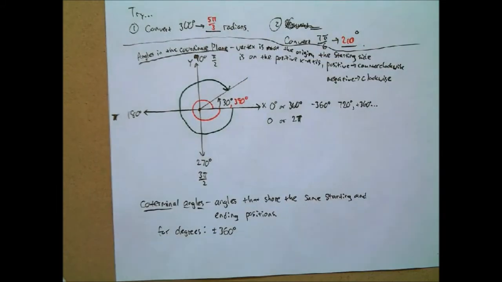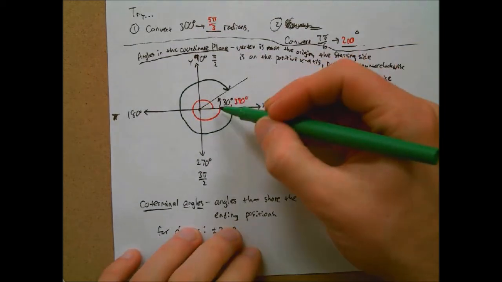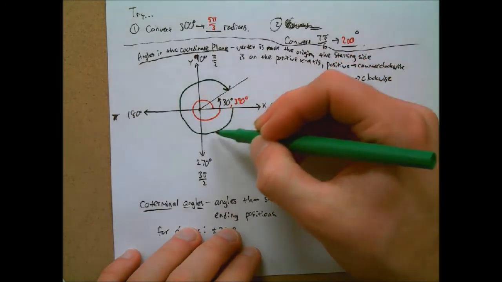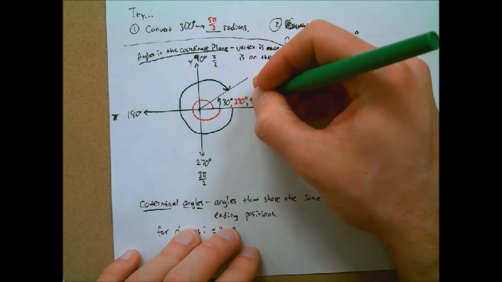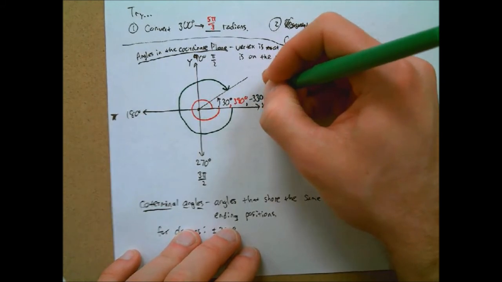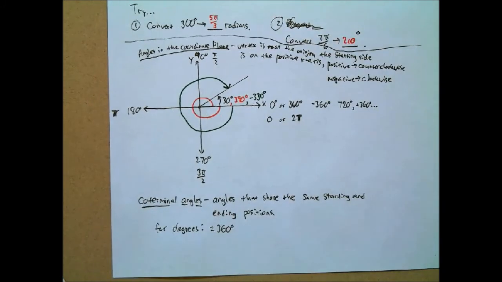What would the green angle measure be there? Negative what? 330, right? Okay, so if that's 30 degrees, then the exact opposite direction around here would be negative 330. And that also gets you in the same position, same starting point, same stopping point. And of course, you can come up with more.